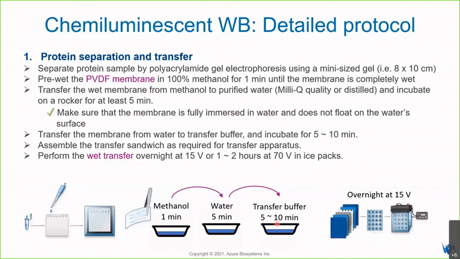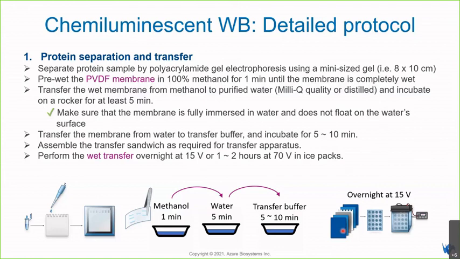At this time, your gel electrophoresis should be almost complete. When it's completed, you should assemble the membrane together with the gel and filter papers, making what we call the transfer sandwich. It's a sandwich containing multiple layers as required for the transfer apparatus. There are two transfer systems that you can use.